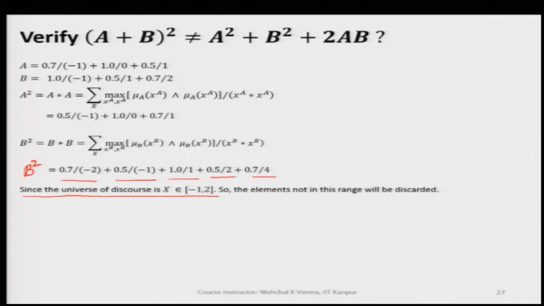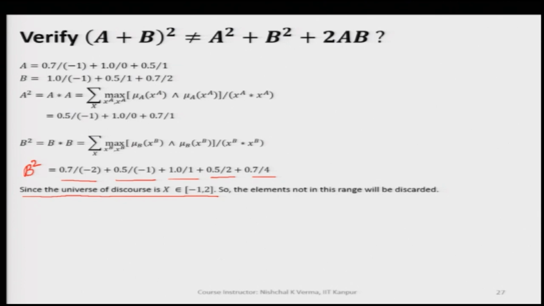So, when we see A square and B square, in A square we are fine, but in B square we see that there are some terms whose generic variable values are not lying within the universe of discourse.